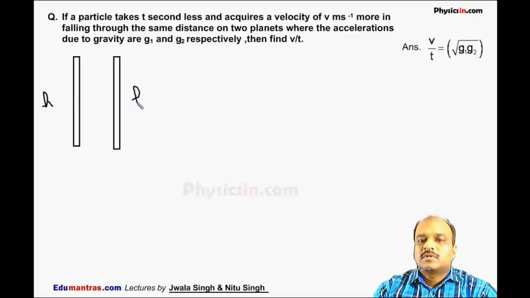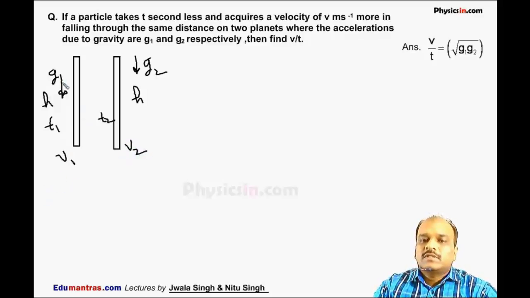The acceleration here is g1, the acceleration here is g2. Let the time of fall be t1, let the time of fall be t2. Let the speed with which it strikes the ground be V1, let it be V2.